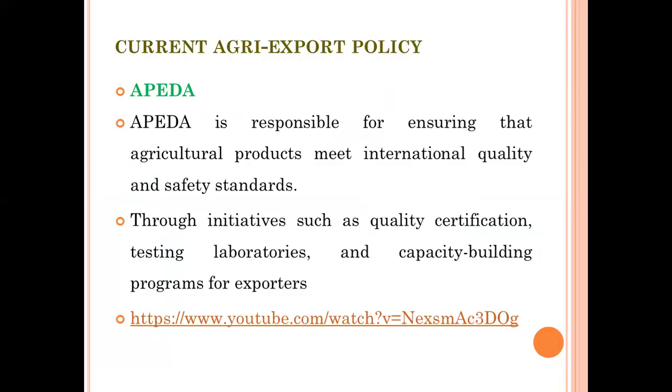So the current agri export policy, first is APEDA, that is the Agriculture and Processed Food Products Export Development Authority. This is the authority which gives us the quality certification. They also have testing laboratories, because various countries have different needs, so according to that they will do your testing.